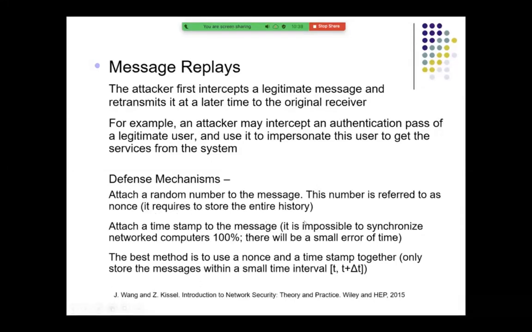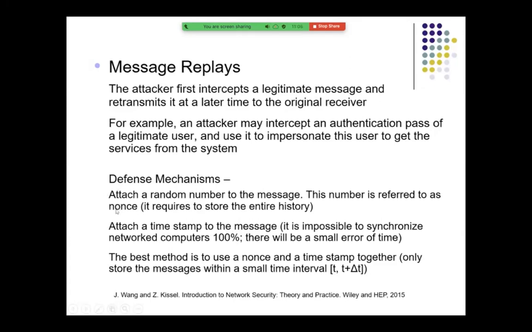But the problem of this approach is that Bob needs to store a huge number of messages. So this solution is impractical. There are so many packets going back and forth, and you can't simply store all the nonces.